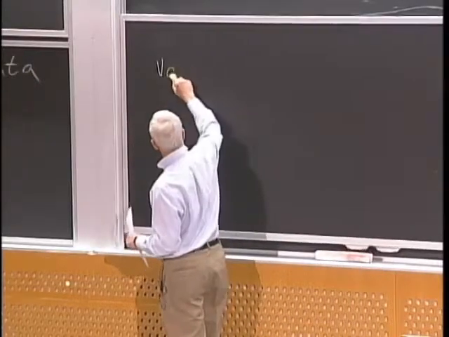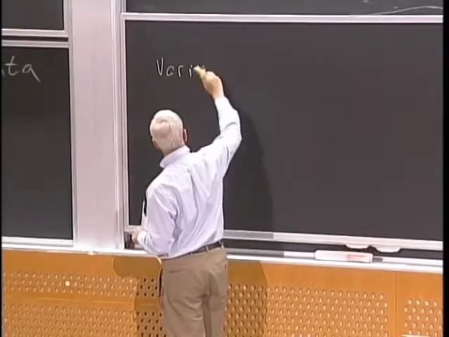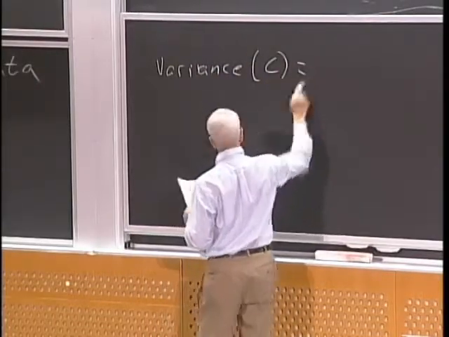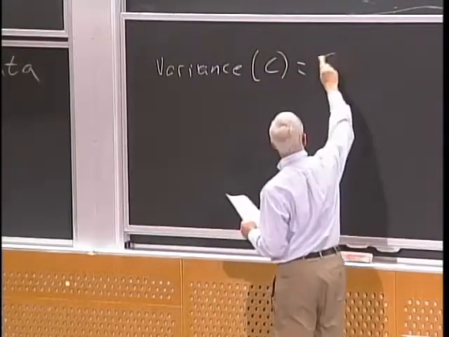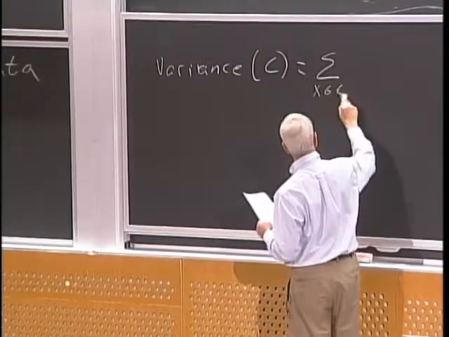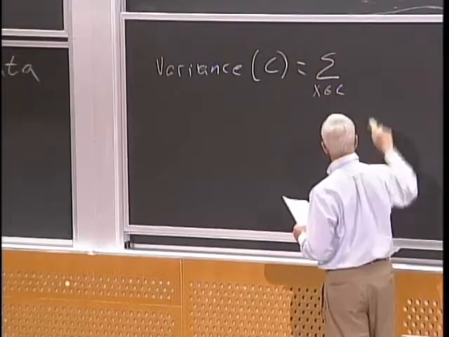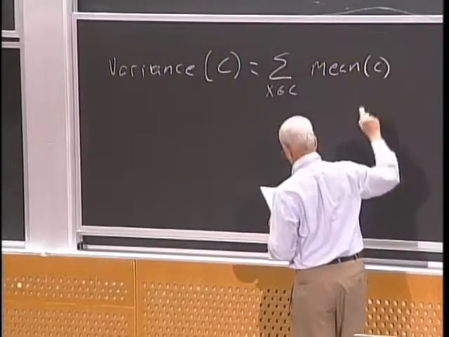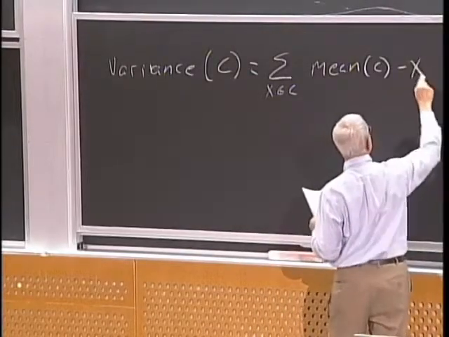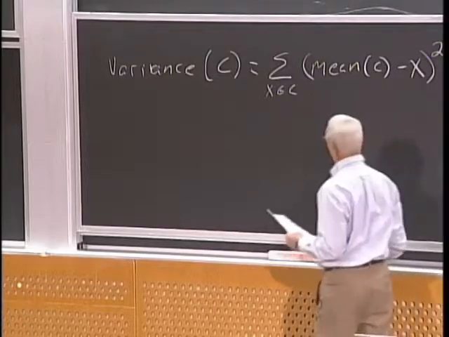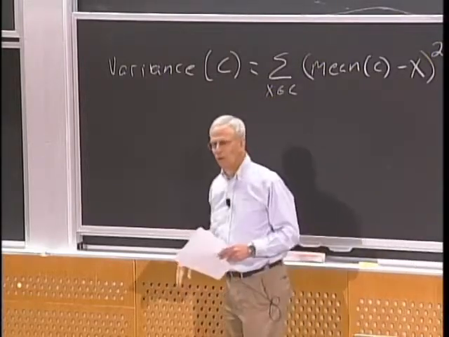So we can talk about the variance of some cluster C as equal to the sum of all elements X in C of the mean of C minus X, squared. Or maybe we can take the square root of it if we want.